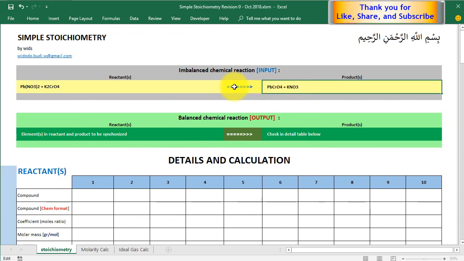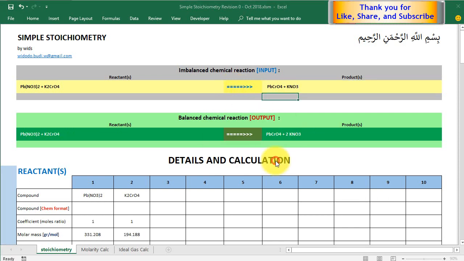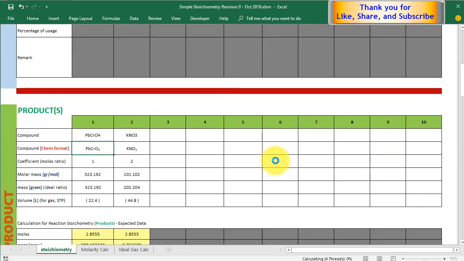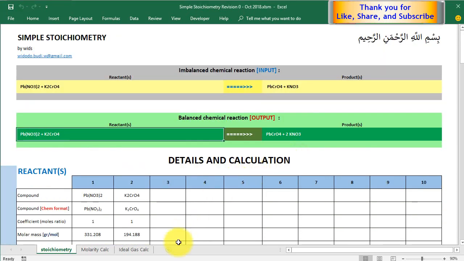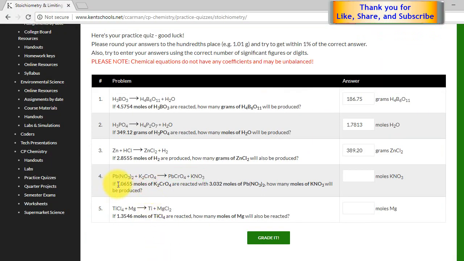Alright, and the product is lead chromate plus potassium nitrate. Okay, hit enter. I click cancel. Okay, what is the question? Moles of potassium chromate here 1.0655 and react with lead nitrate.